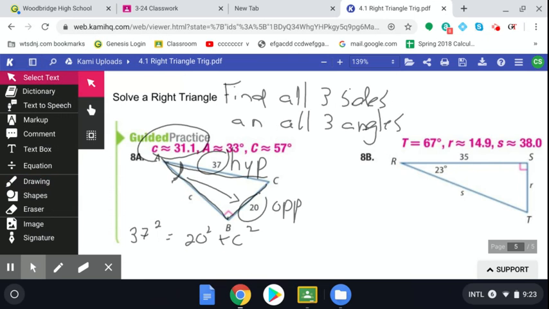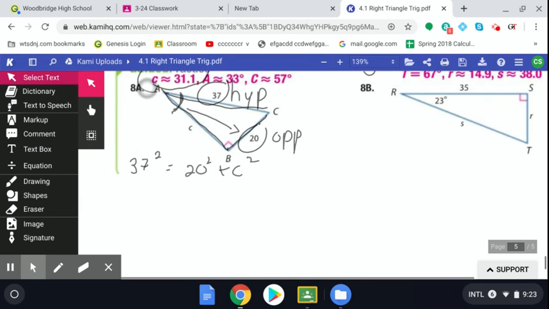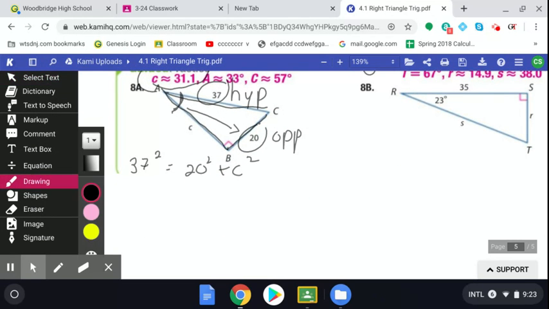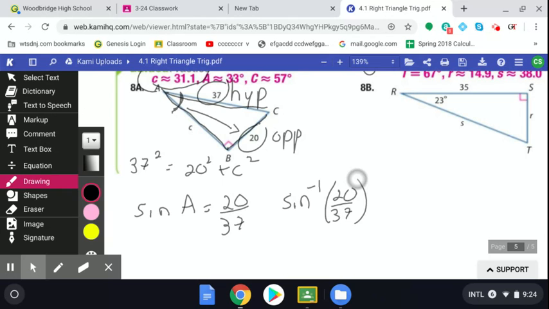So I can say that sine of angle A is equal to opposite, which is 20 over 37. And because I'm looking for an angle, on the calculator I would enter this. And that should give me the measure of angle A, about 33 degrees.